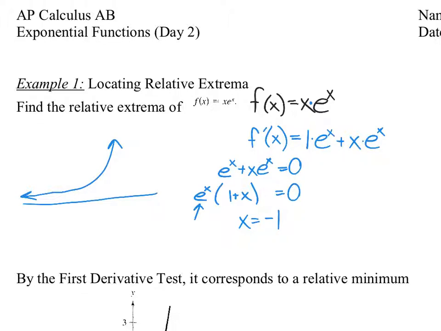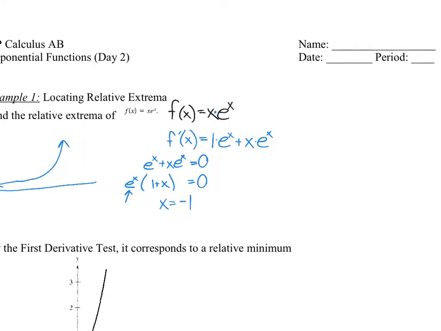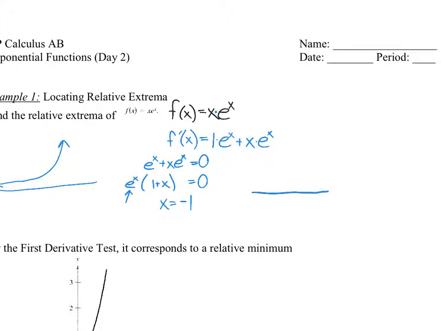We need to double check to see if this is a max, a min, or a plateau. So how do we test for that again? First derivative test or second derivative test? Let's do the first derivative test. So I make my number line, f prime, f. If I have something below negative 1, am I going to have a positive or negative derivative? It's negative.